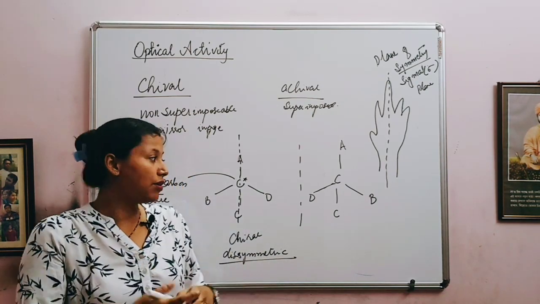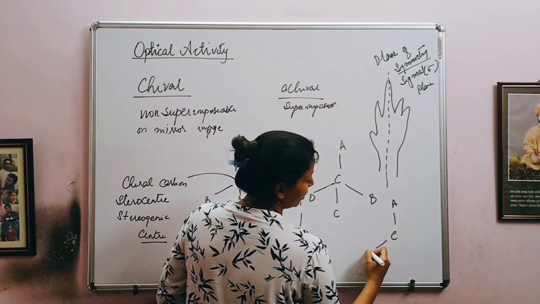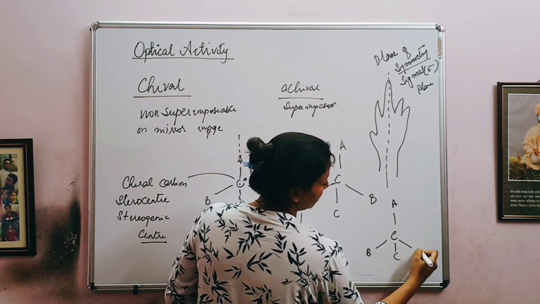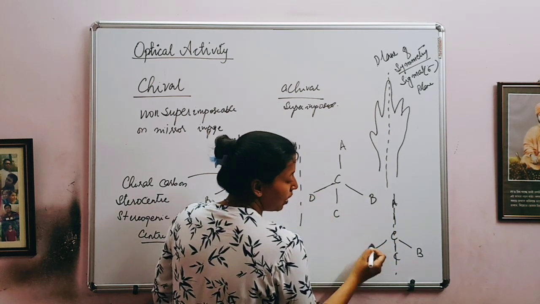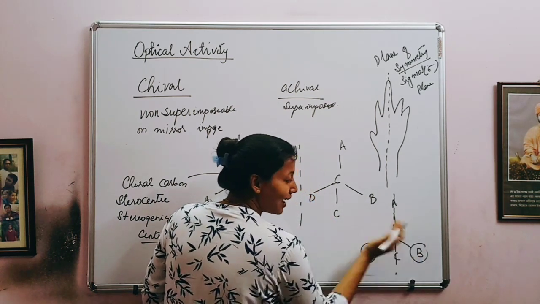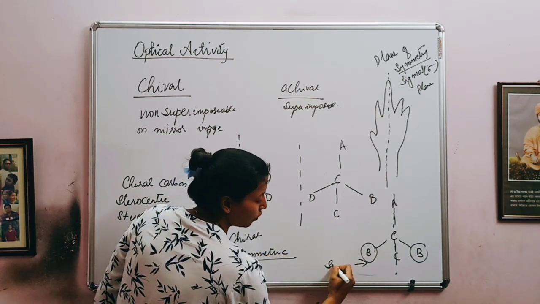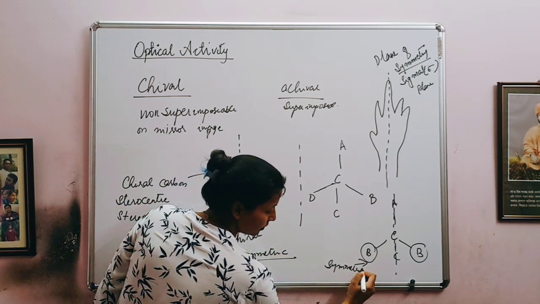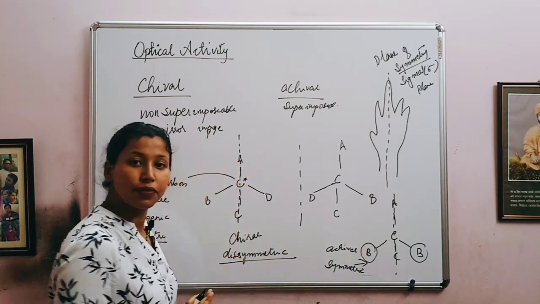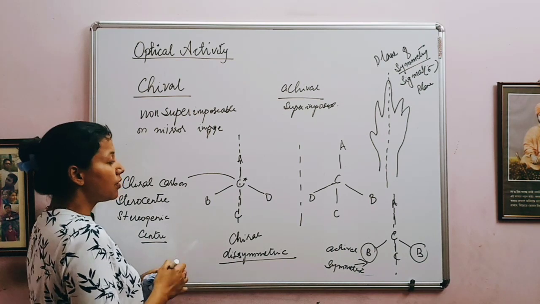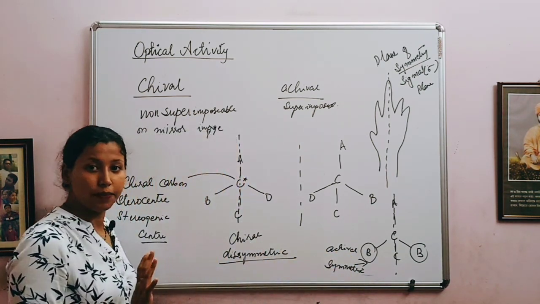Whereas achiral molecules, for example, if I take A, B, C, B and pass a plane through this, you have the same groups on either side of the plane of symmetry. So they become symmetric molecules. And this is a chiral molecule. So chiral molecules are dissymmetric, achiral molecules are symmetric.